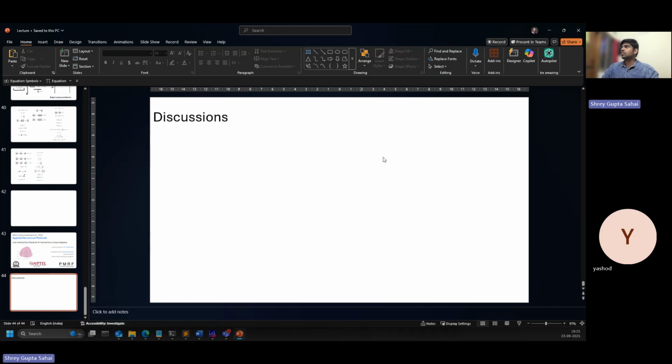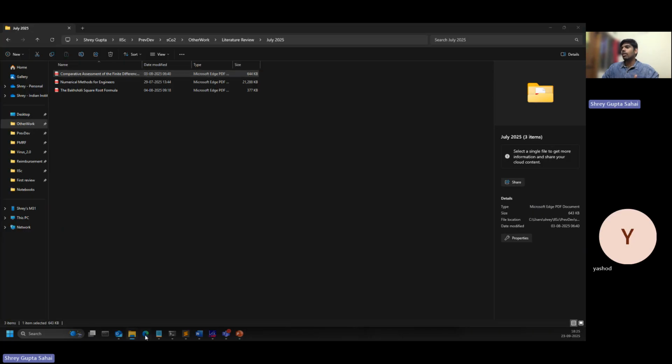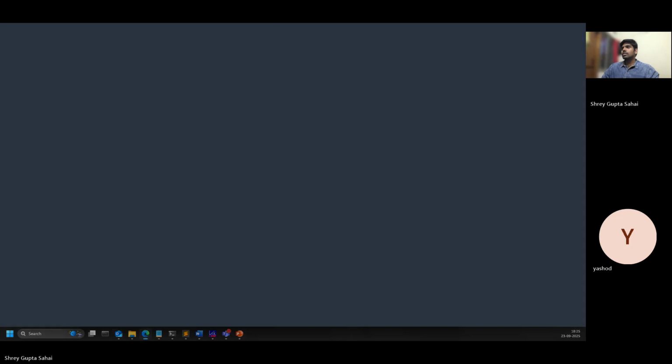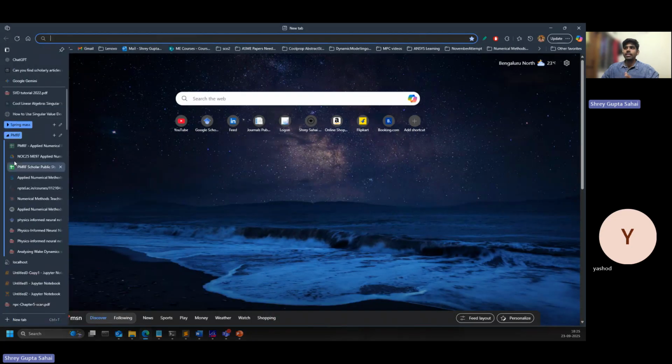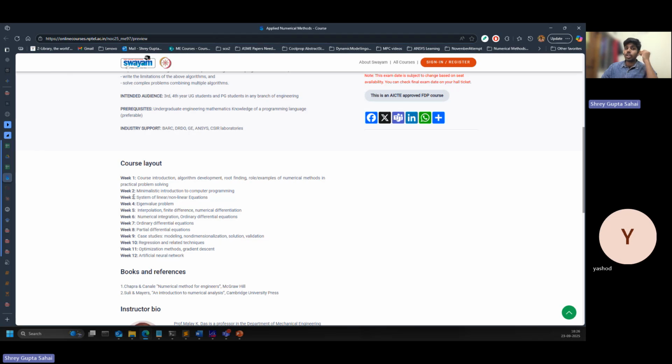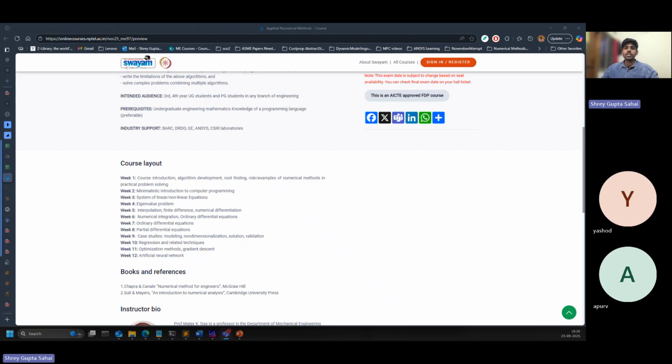As you see, our discussion in the live interaction sessions straight away went into finite difference methods or finite approximation methods. But that is not what numerical methods are all about. Numerical methods are a much broader umbrella, and that is also covered in this course. So it is like a starter.